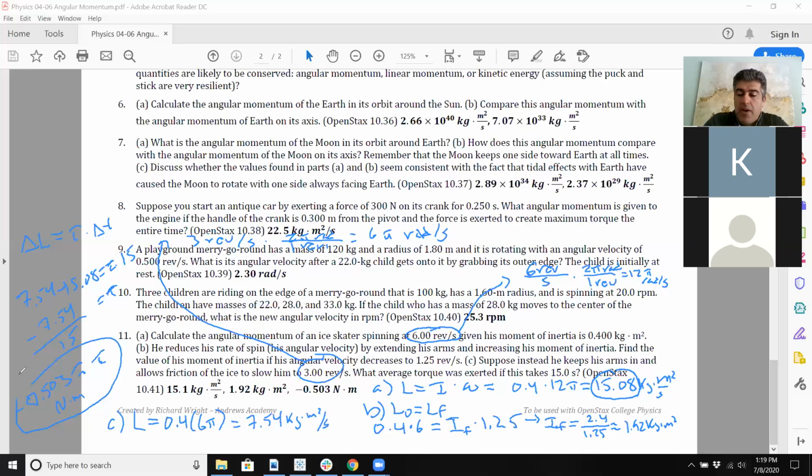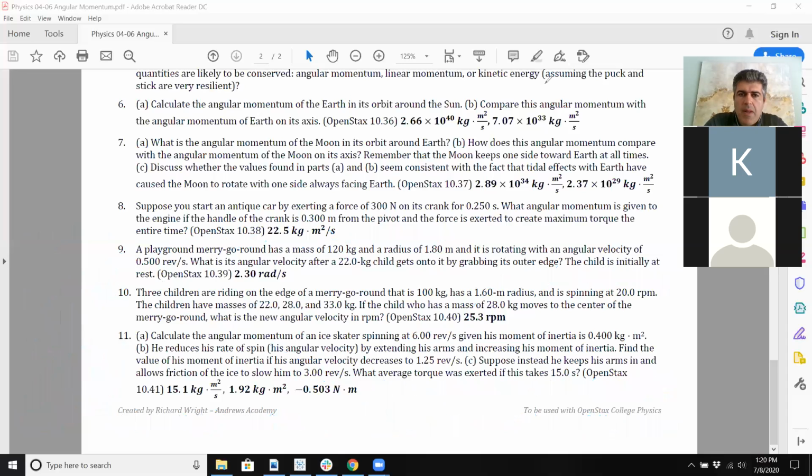Okay, but hopefully with 11 we're cool. Let me clear that. So using the mr squared over 2. Yeah, let's think about this one here.